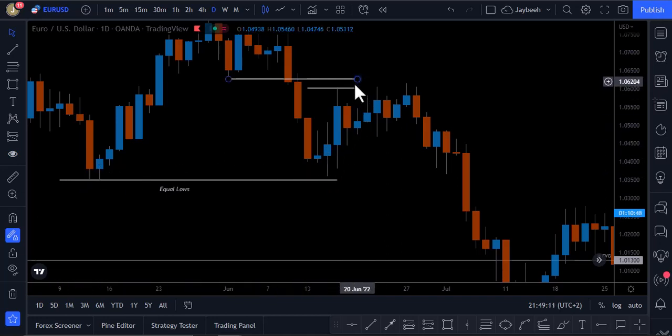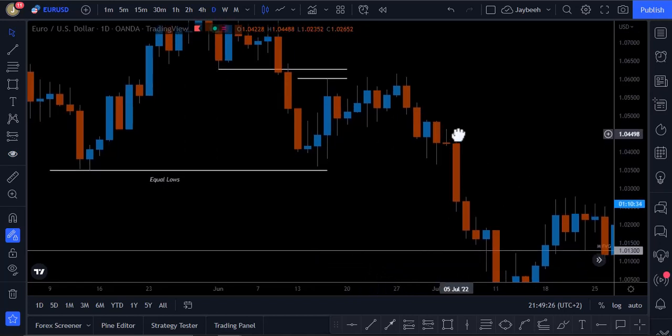And then the market was supposed to come and balance this weekly gap, and then fall to the downside to balance the monthly gap that I was talking about on this horizontal line here. So as the market was reaching this level, I was looking at the 4-hour chart to enter this trade.